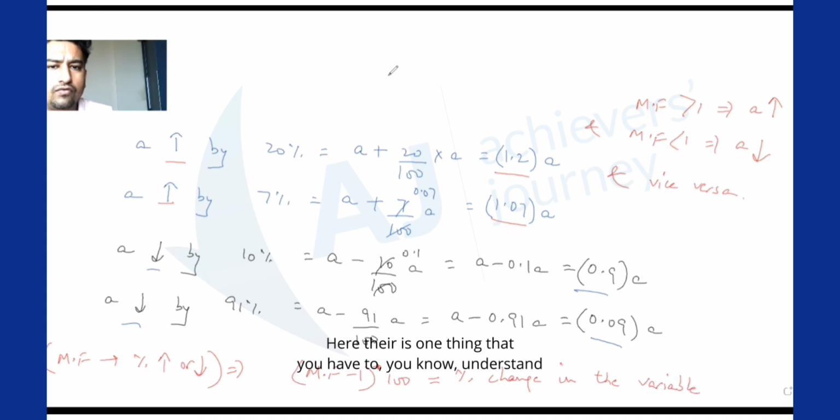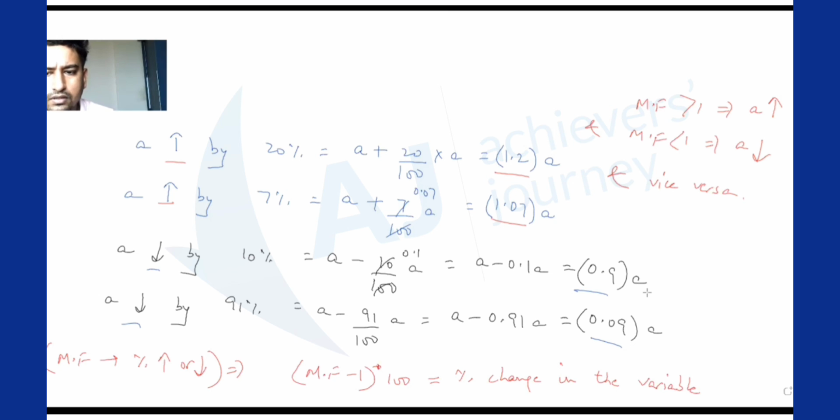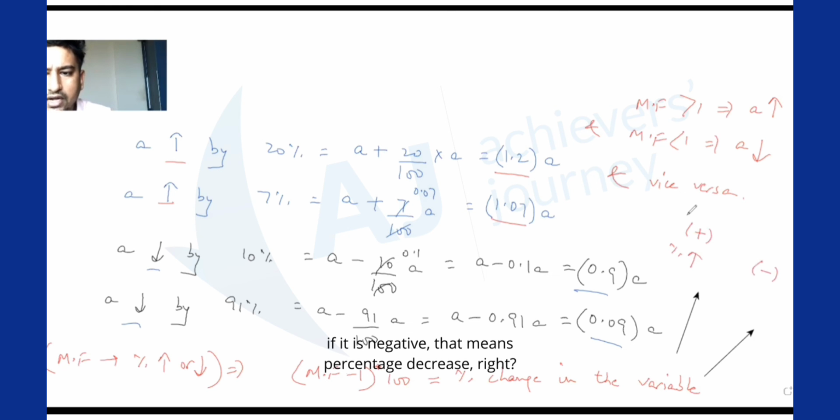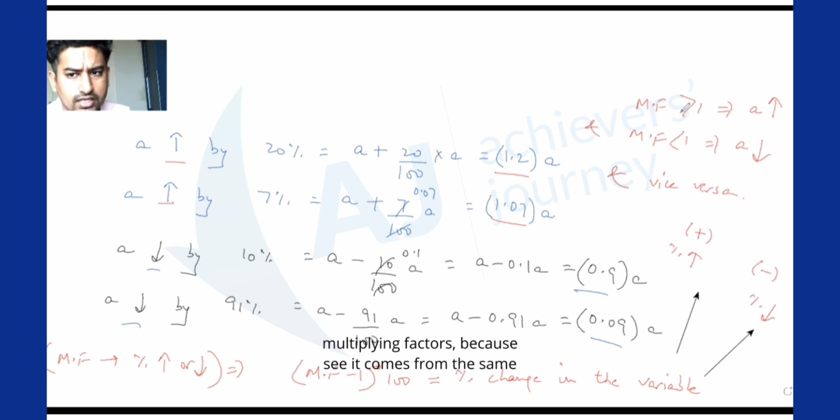Here, there's one thing that you have to understand. What is that? If this value that comes is positive, that means percentage increase. If it is negative, that means percentage decrease, right? See, it comes from the same logic, right?